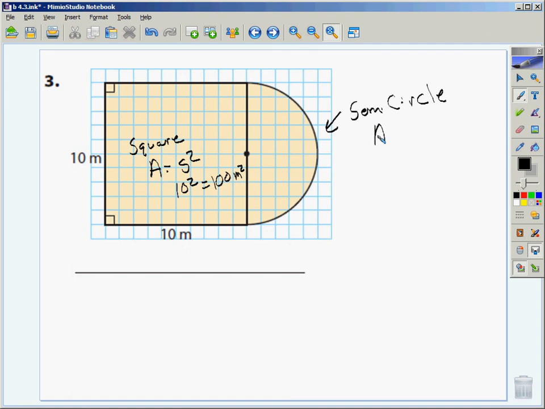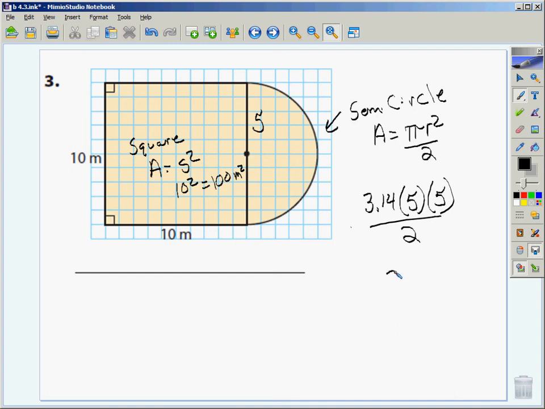What's the formula for the area of a semicircle? Pi r squared divided by 2. What's the radius? 5. Okay, thank you. 3.14 times 5 times 5 divided by 2.